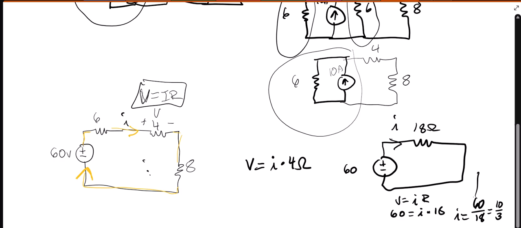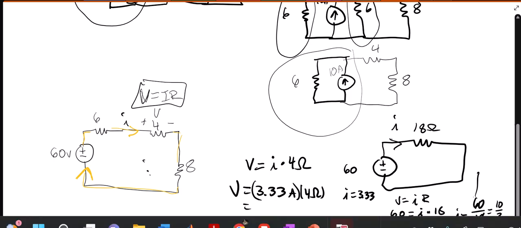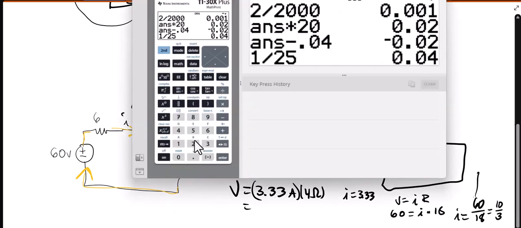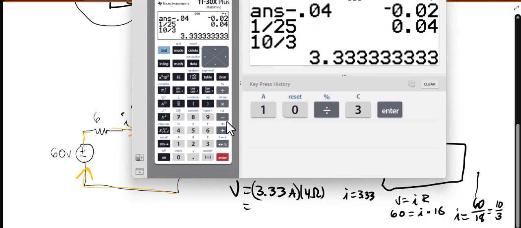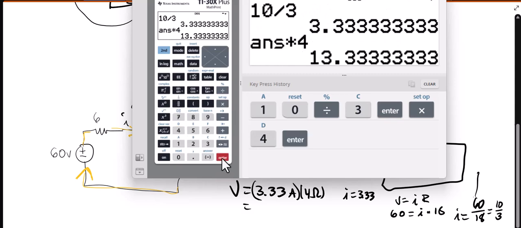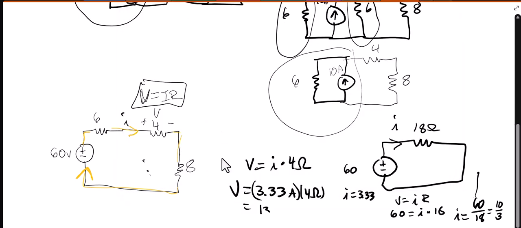Okay, so I equals 3.33, and so V equals 3.33 amps times 4 ohms, which would be 13.33 volts. And that would be our answer.